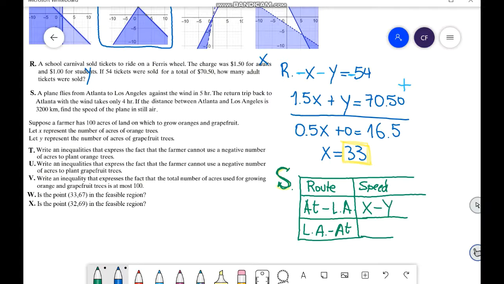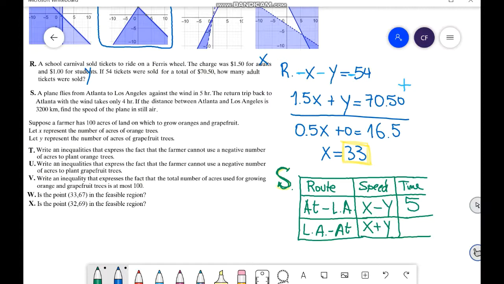When you're going back from Los Angeles to Atlanta, now the wind is helping. And it's gonna be faster. It's gonna be x plus y. So this is the speed. Next, time. From Atlanta to Los Angeles, we spent more time because the speed was lower, right? The wind was holding the plane.